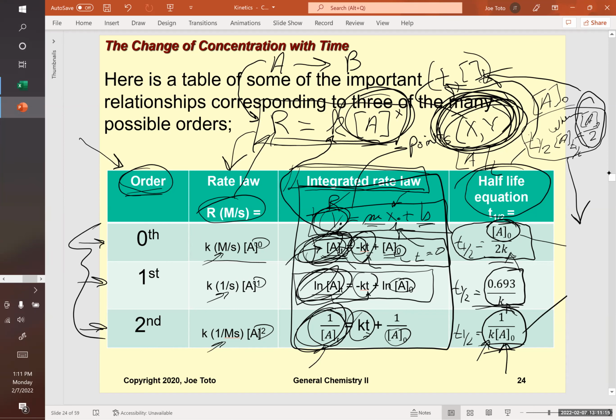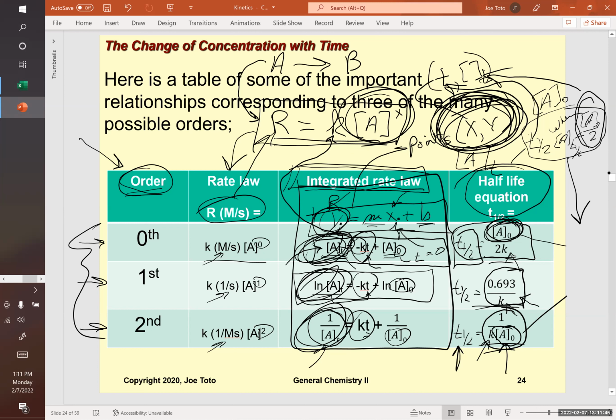So what zeroth order is telling you is the more that you start with, the longer it's going to take to cut it in half. Whereas for second order, the more you start with, the smaller amount of time it's going to take to cut it in half. So that's kind of interesting. And for first order, it doesn't matter what you start with.